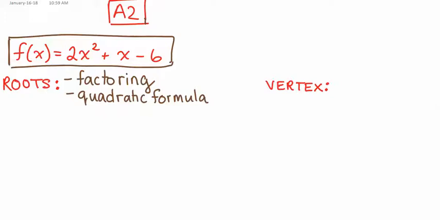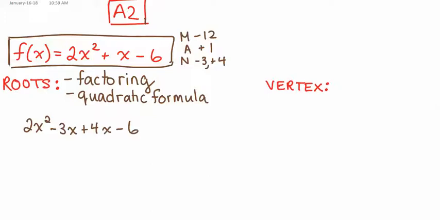It's a complex trinomial. So I'm looking for two numbers that multiply to negative 12 and add to positive 1. So I think my numbers are negative 3 and positive 4. So I'm just going to replace my middle term with those terms: negative 3x, positive 4x, minus 6.